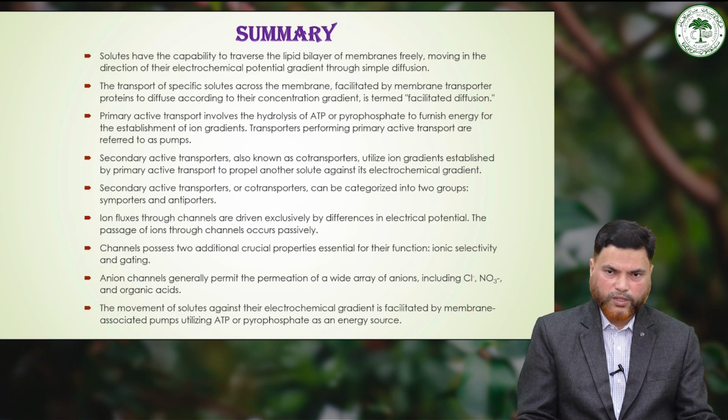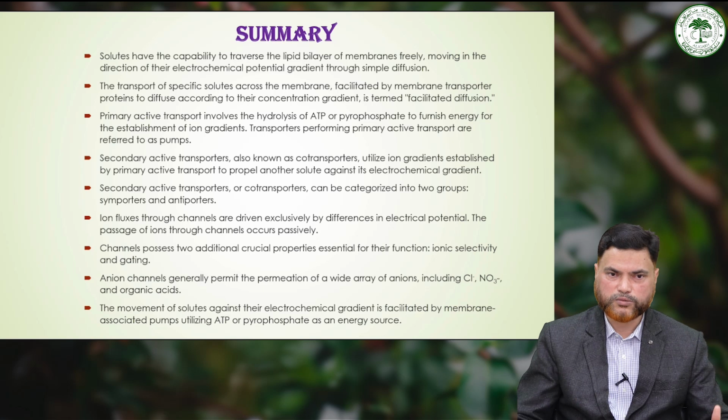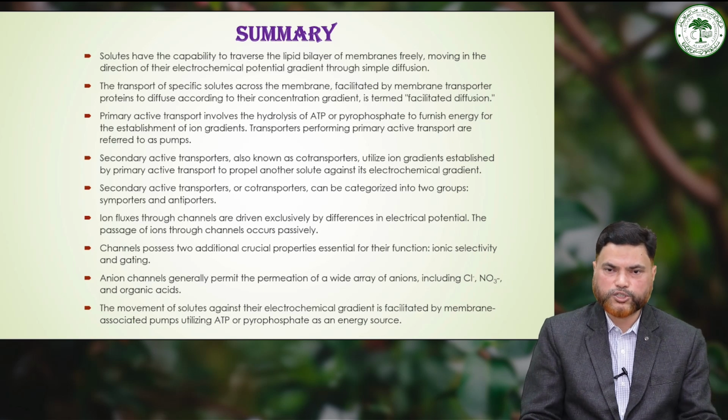Then primary active transport helps in the movement of various solutes, and then secondary active transport, which I have discussed in detail, is mediated through symporters and antiporters. We have mentioned the important points in a nutshell, and how various pumps are involved in transporting solutes.